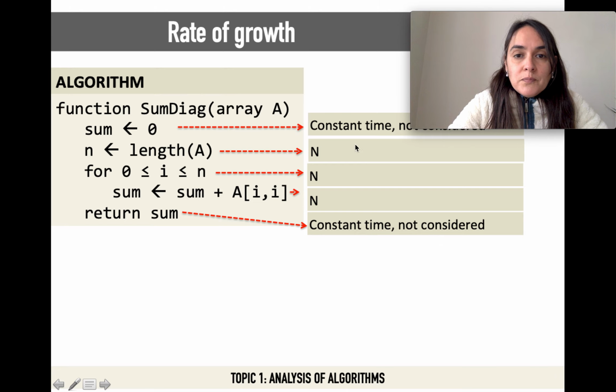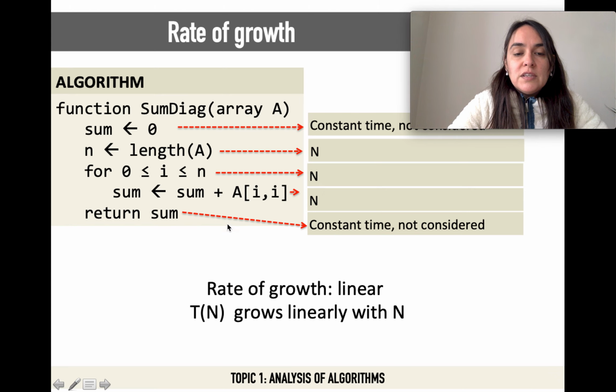So all in all, this will take some constant time plus some constant value multiplied by n, but since we drop the constants, this is just n. So the rate of growth of this algorithm is linear. The running time grows linearly with n.